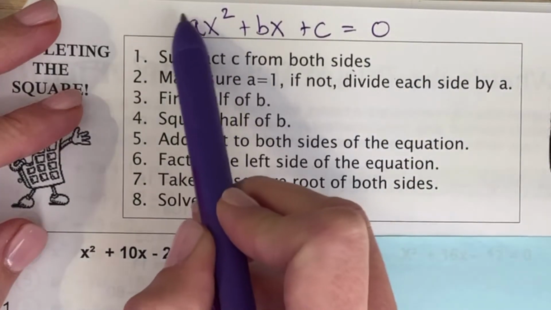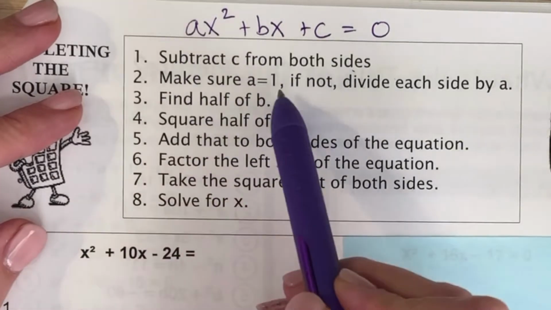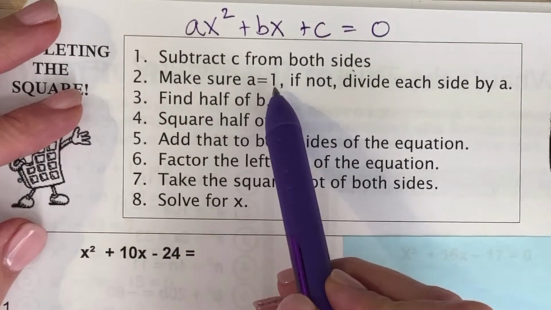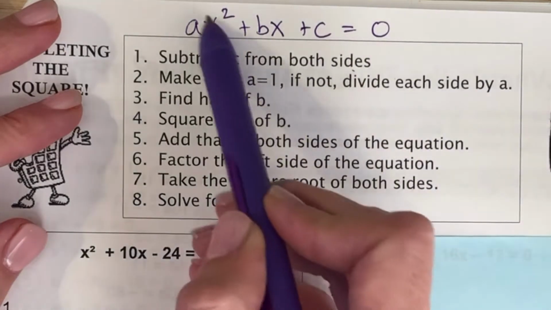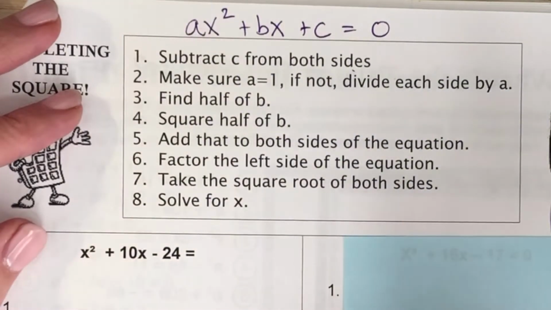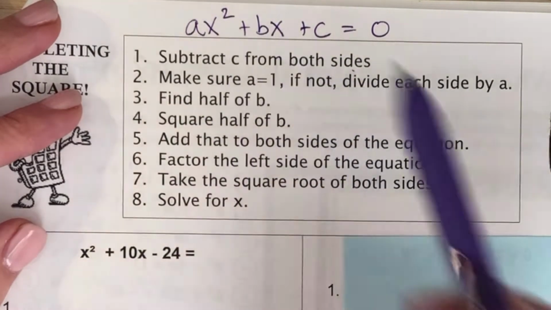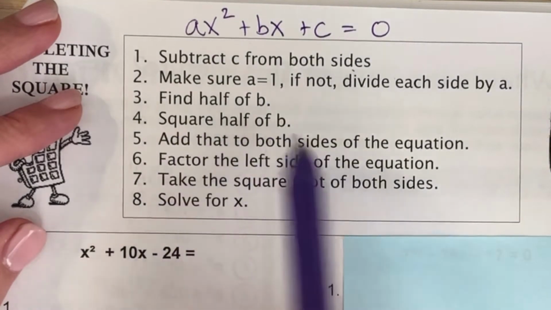Next, we're going to make sure that a, the coefficient of our x squared term, is 1. If it isn't 1, we're going to divide everything by whatever that coefficient is so that we can get just 1x squared. Then we're going to find half of b, this linear coefficient. Then we're going to square that.